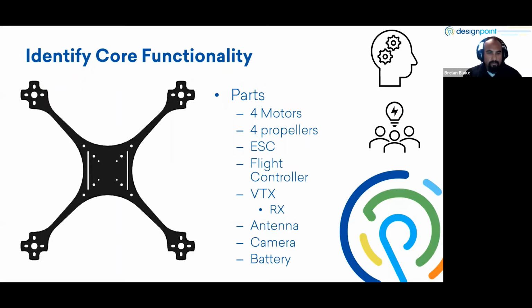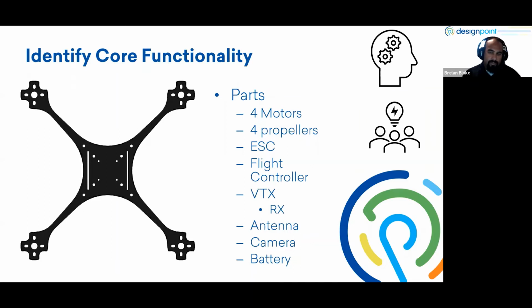Some of the core functionalities we had to keep in mind with this project: we needed a bill of materials, so we needed a parts list. Some of the parts we wanted to keep in mind, we had to involve in our design. The typical design we wanted with this quadcopter was a smaller racing quadcopter. So we wanted something light, with thin arms, something that was going to be fun to fly, slice through the air.